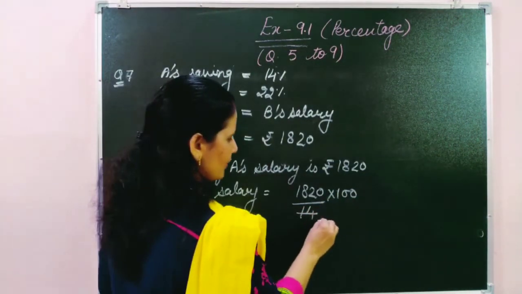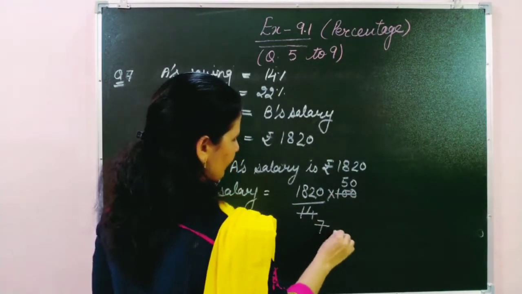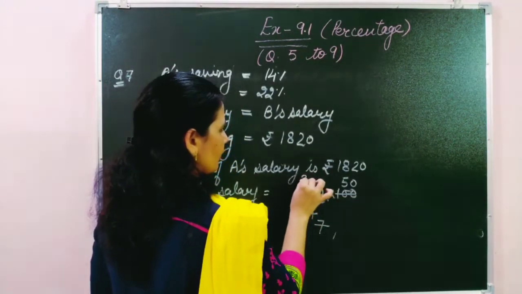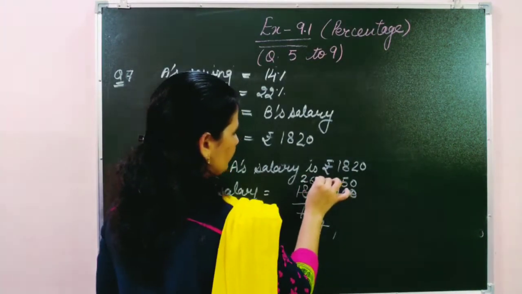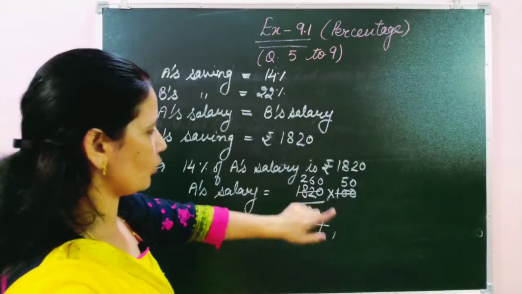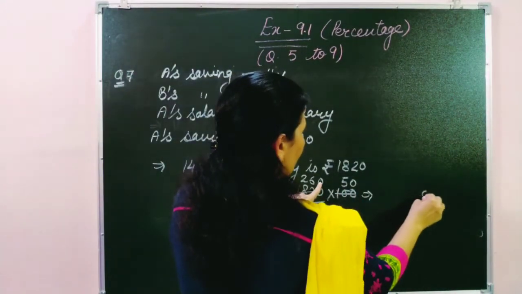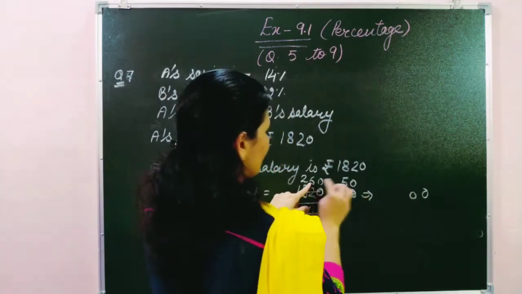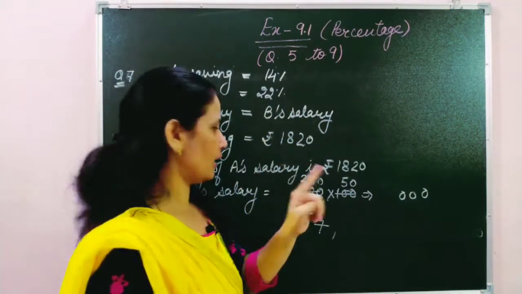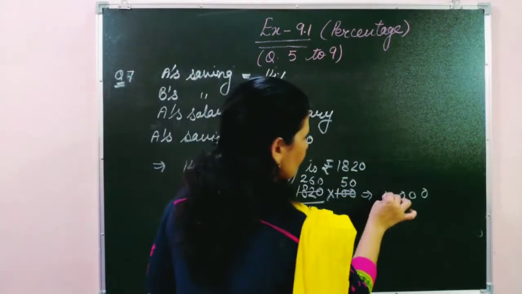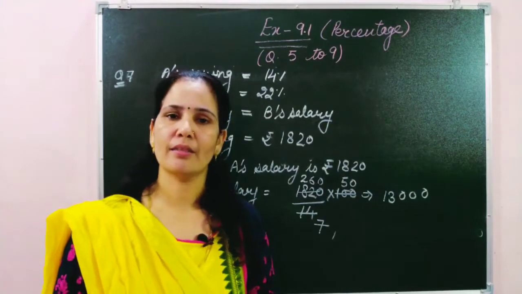So 2 7s are 14, 2 5s are 10, 7 2s are 14, 7 6s are 42. Okay, now 260 multiplied with 50. 0 0, 5 6s are 30, carry 3, 5 2s are 10, 10 plus 3, 13. So A's salary is rupees 13,000.